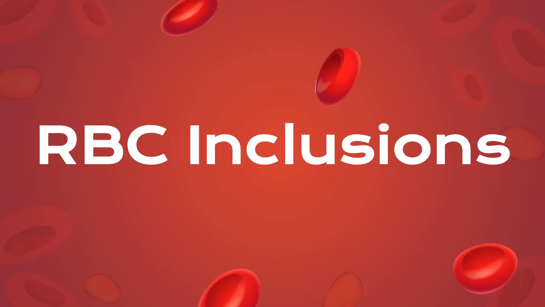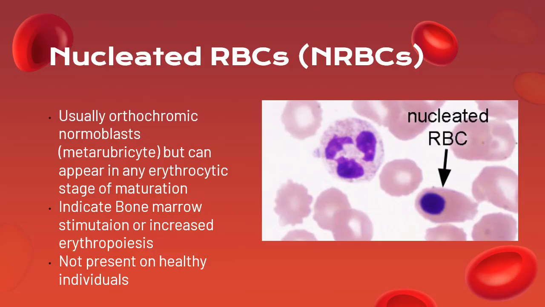RBC inclusions. Okay. So, RBC inclusions, as the title implies, inclusions, ito yung mga solid somethings, particles, na nasa loob ng RBC na hindi naman usually dapat nandun. For example, ito, number 1, we have your nucleated RBCs. Okay.